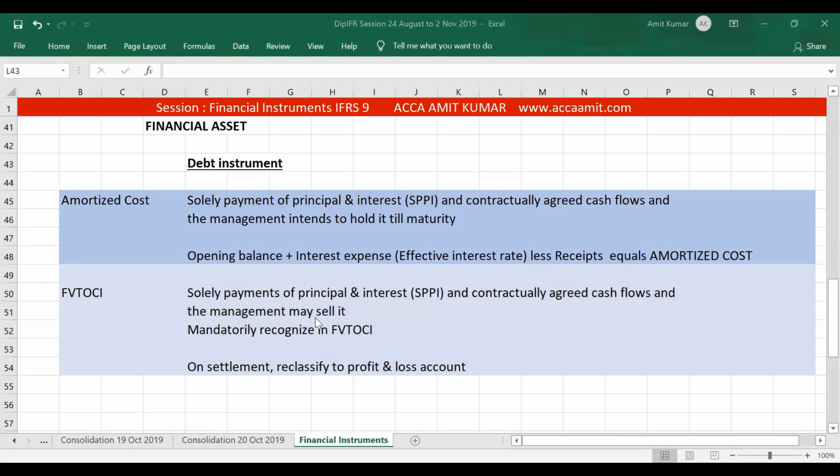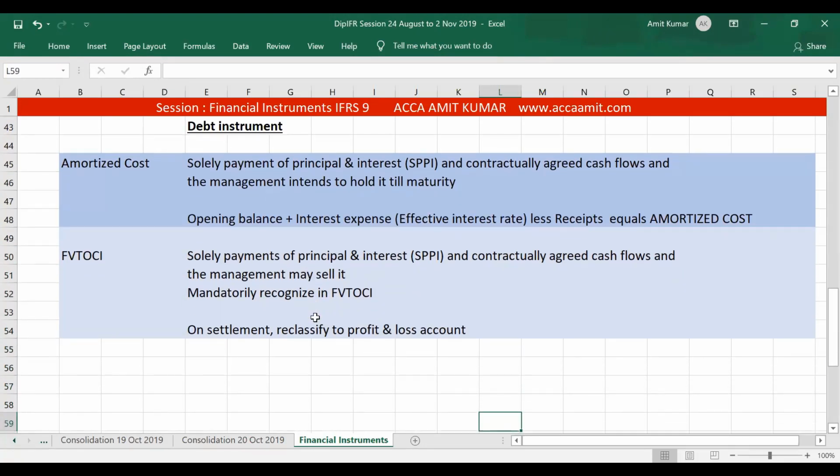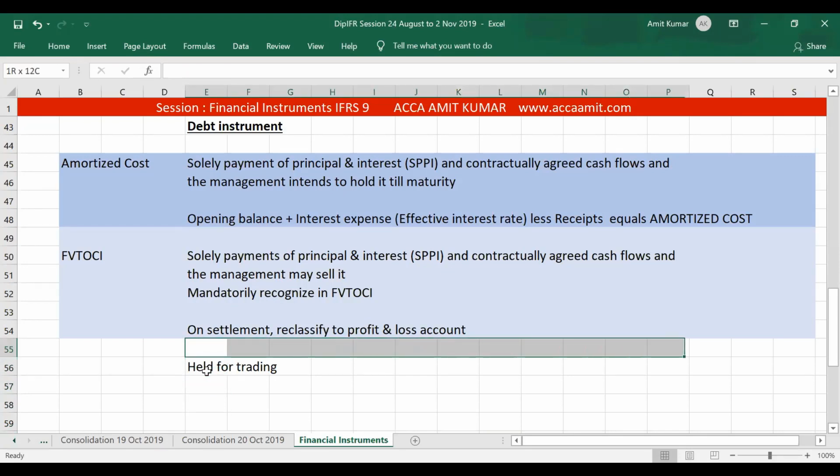What would be the third category? If your intention is to hold it for trading, held for trading, what should be the measurement basis?